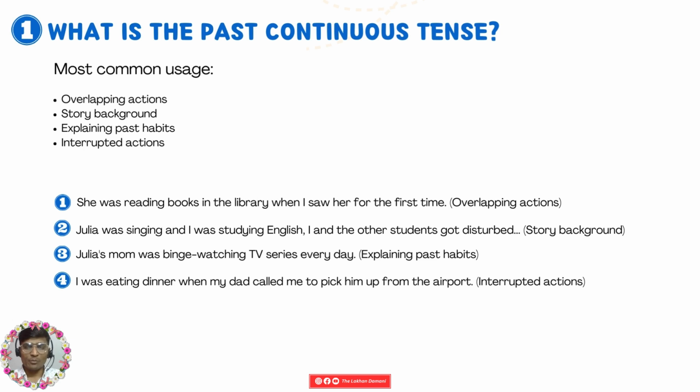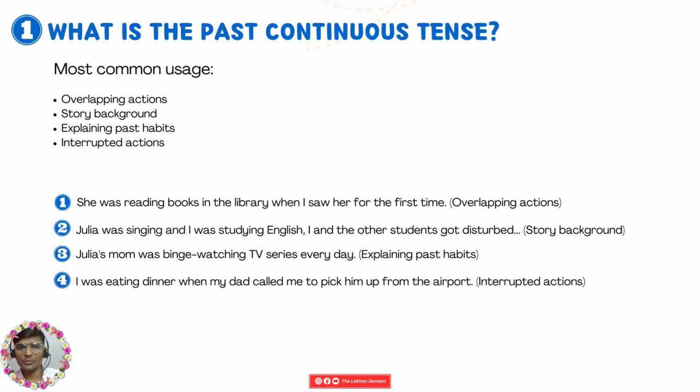Second, story background. It might be a little confusing for you, but I'm going to help you with simple words. Julia was singing and I was watching, or I was studying English. I and other students got disturbed. So, this is a story background.